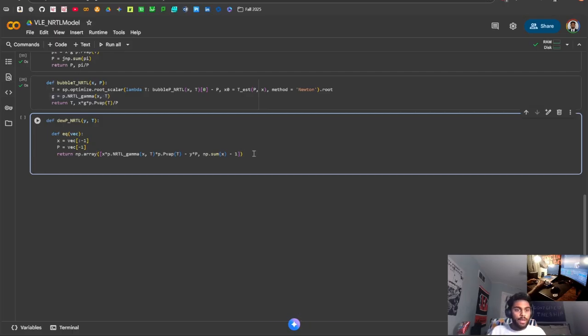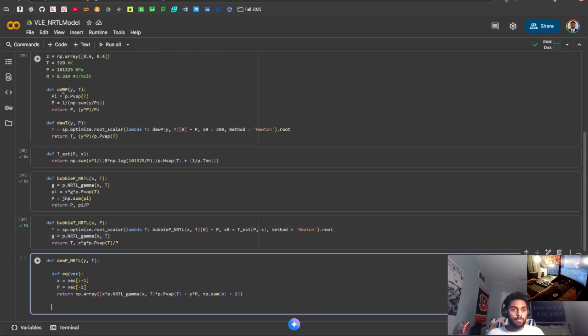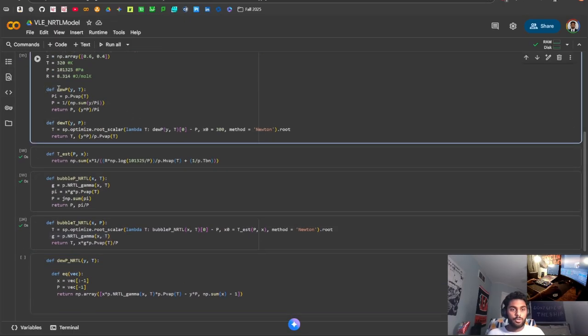And now let's go back to our original function, our DUP. So what I have imported up here are actually our dew pressure and dew temperatures based off of our original Raoult's law before the activity coefficient. And what we can end up doing is we can use this for good initial guesses for when we go on and use our root solver to give us our dew pressure.